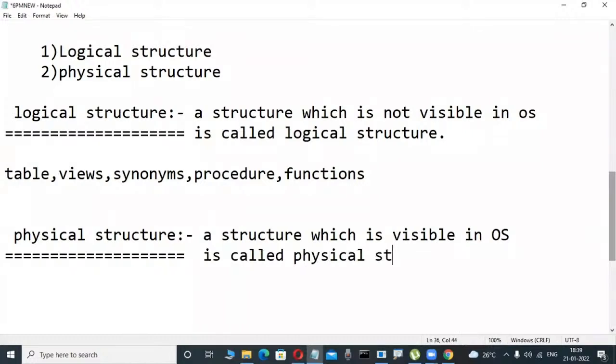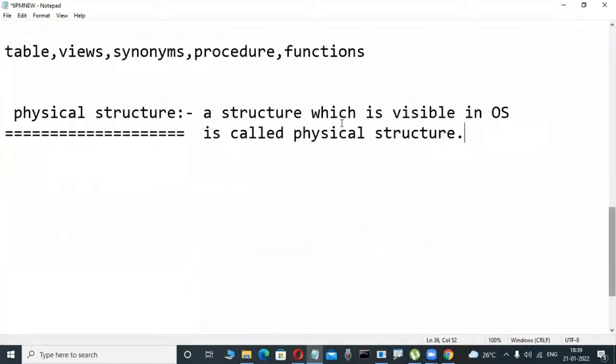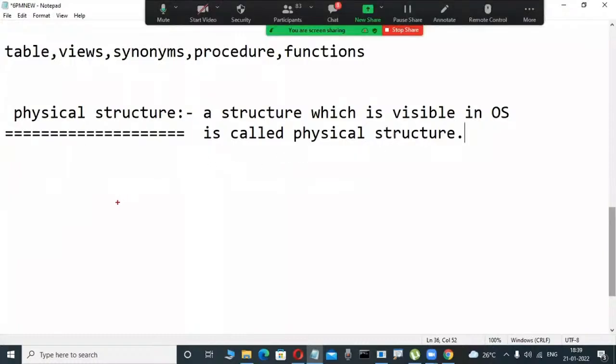Who are the persons working in this physical structure? It's a big concept, and I'm only telling the definition side, because I will tell you which definition of database is correct. A structure which is visible in the operating system is called a physical structure. Suppose I am installing software, some physical files are created on the disk. Suppose PowerPoint, MS Access, MS Word, anything we load, physical files are created.